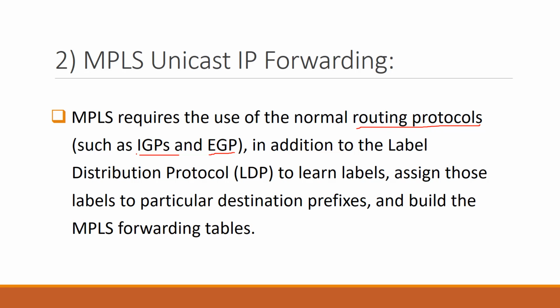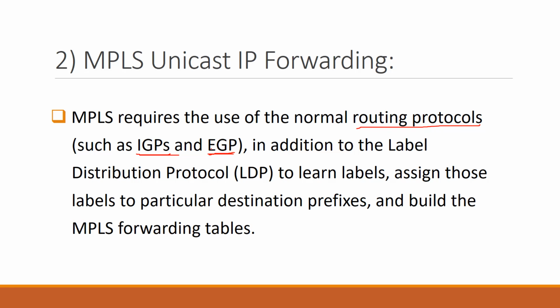And by definition, IGPs are routing protocols that are used inside the same autonomous system or that belongs to an organization. But between different autonomous systems, we are using EGP. So EGP is a routing protocol that is used between different autonomous systems. An example of EGP, we have only one routing protocol, which is BGP.